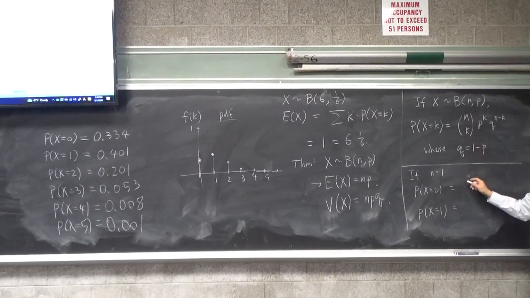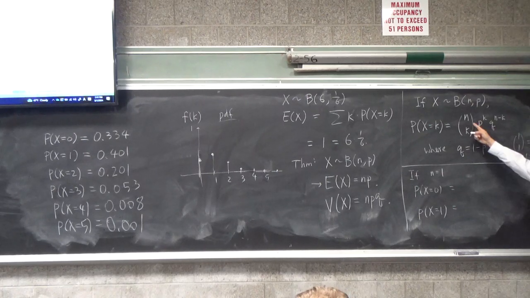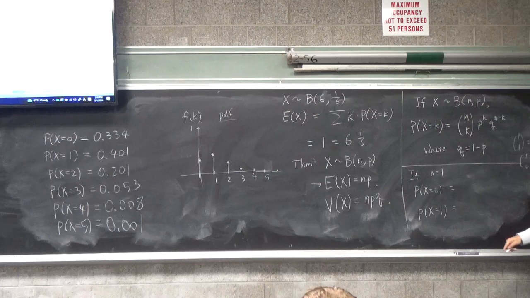Because it's 1, if you have one item, 1 choose 1, you can check that this is 1, and then 1 choose 0 is also 1. Anything choose 0 is 1 because there's only one way to not choose anything. So n choose 0 is always 1. But if you have only one item, the number of ways to choose one item from one item is 1 as well, right? You can also just use the formula to get that. So this will be 1 in both cases.